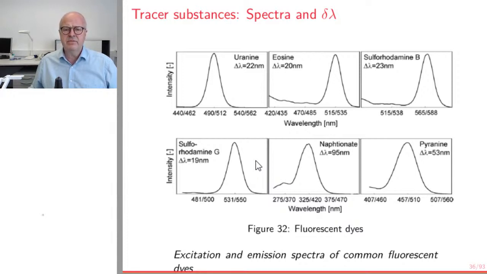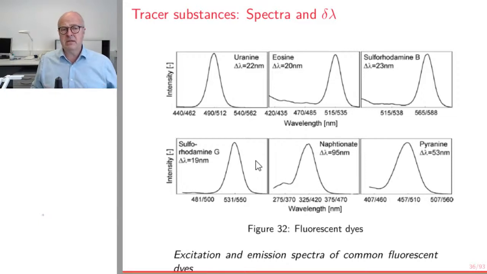The spectra are given here, so this is what you see, and I will explain the principle a little bit. If you have uranine, we know that you have an excitation at 491 and emission at 516, more or less. So there is a difference of 25 nanometers.